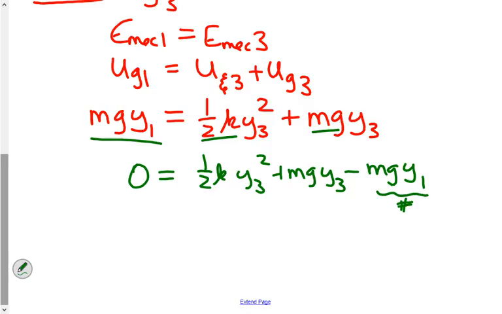No, because I don't have one in every term. What are you going to have to do? What kind of equation is this? It's a quadratic. It's a parabola. Okay?